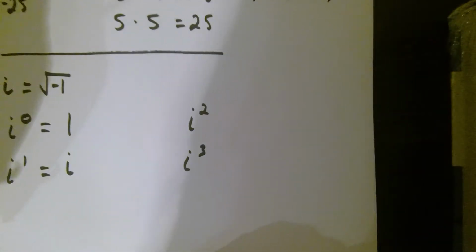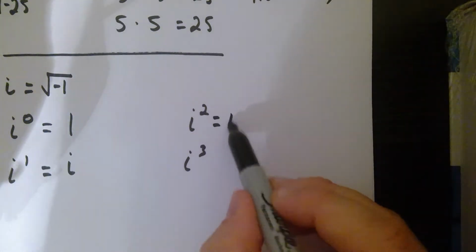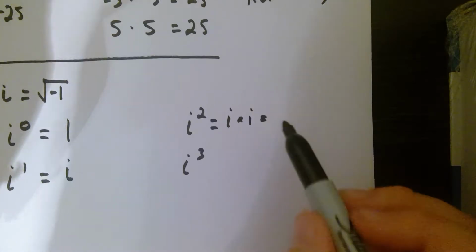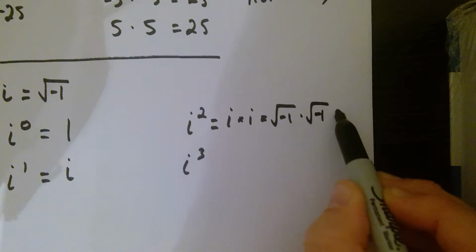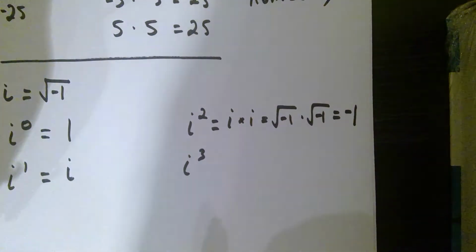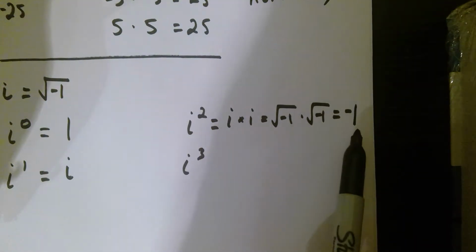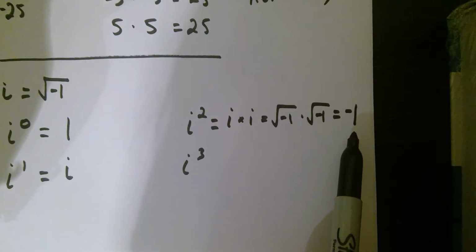Now, i squared is when it starts to get interesting. So i squared is i times i, or the square root of negative 1 times the square root of negative 1, which equals negative 1. So what that means is that if ever we see an i squared, we can rewrite that as negative 1, and we'll be expected to rewrite that as negative 1 as well.